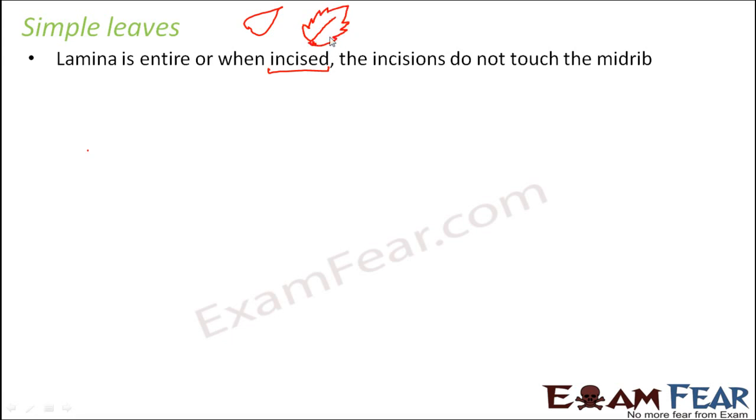But these incisions do not touch the midrib. You can see the incision is up to here. It is not touching the midrib. Then these types of leaves are called simple leaves. Now you might ask, what would happen if the incisions touch the midrib? We will see that when we talk about compound leaves.